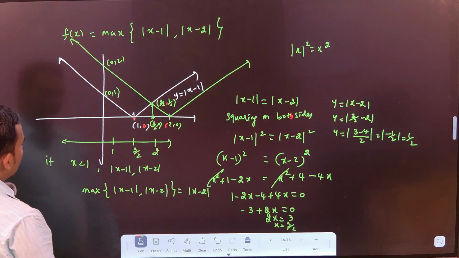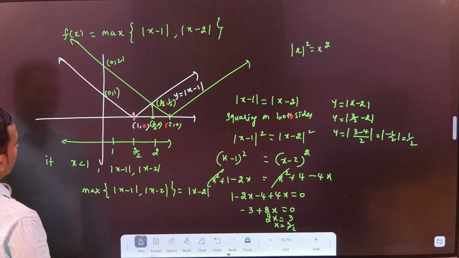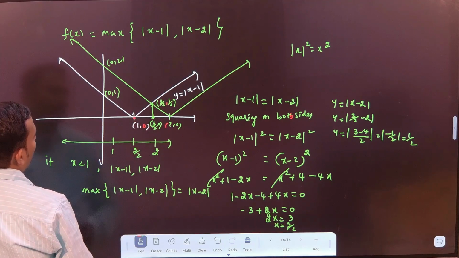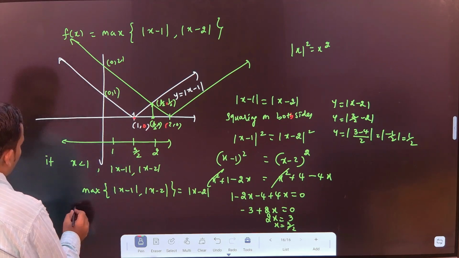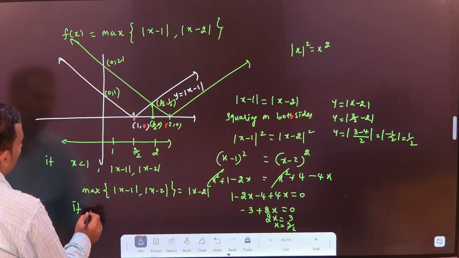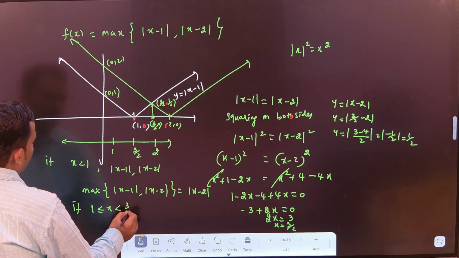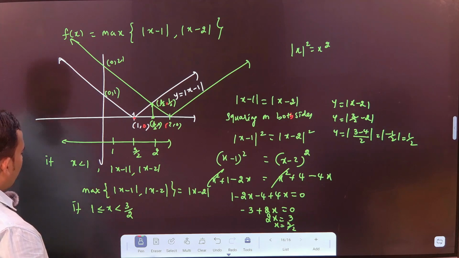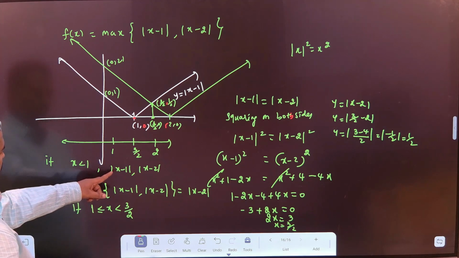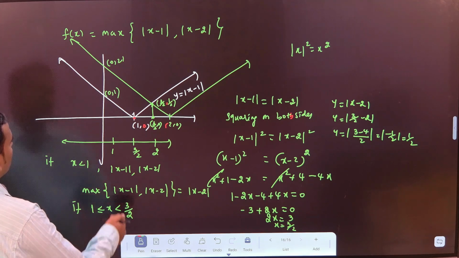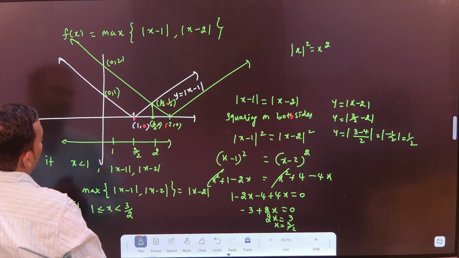Okay. So when you take 1 to 3 by 2, which is the maximum here? You can see, if x is less than 3 by 2, if I take 1.5, then among these two graphs, which is the maximum?